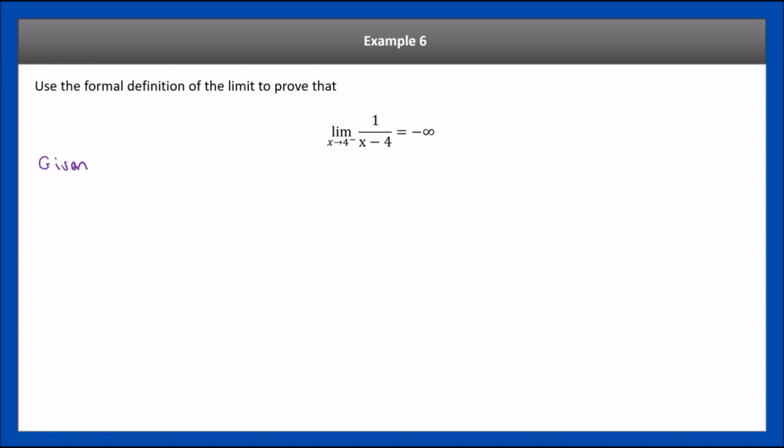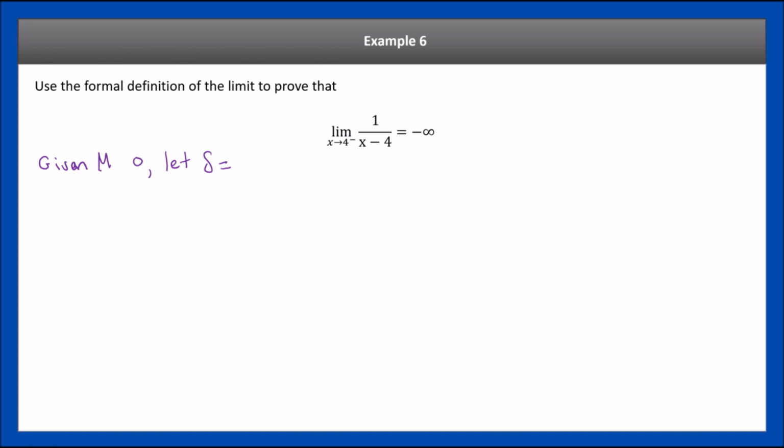So we're not using epsilon, we're using delta and m. So given m greater than 0, let delta equal some number. Now this number, we're going to want it to be in terms of m, but we're going to figure that out later.